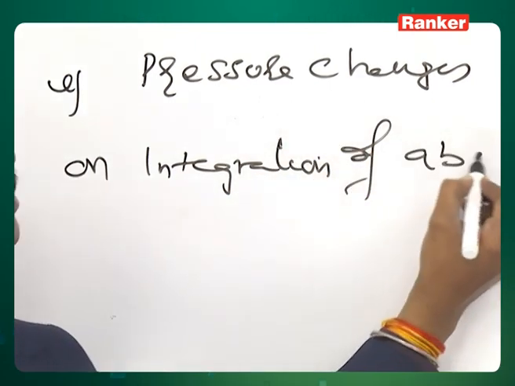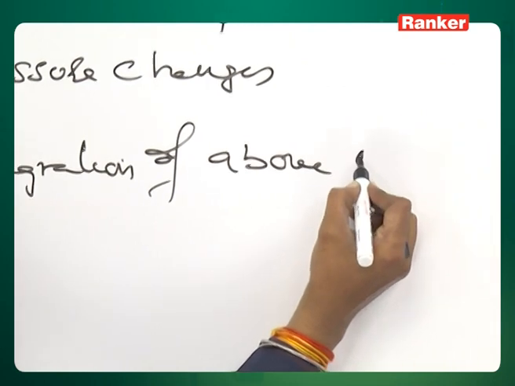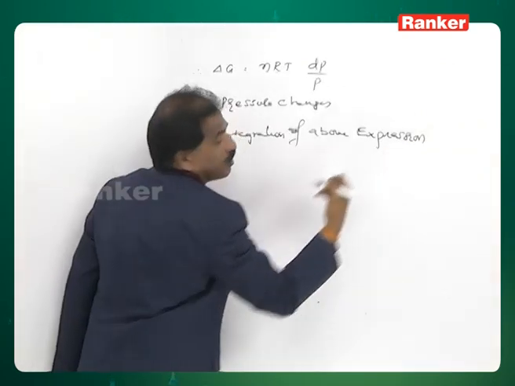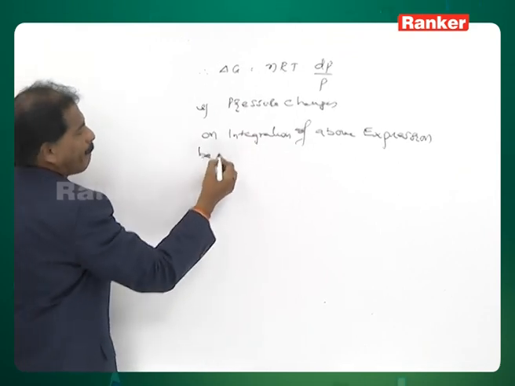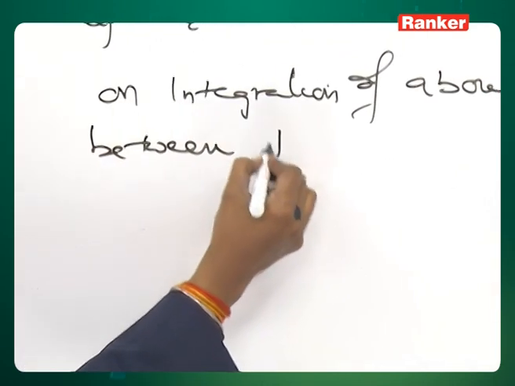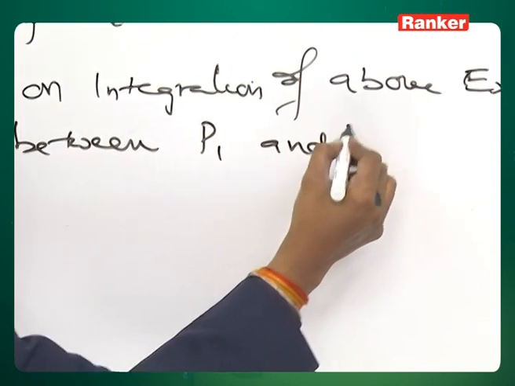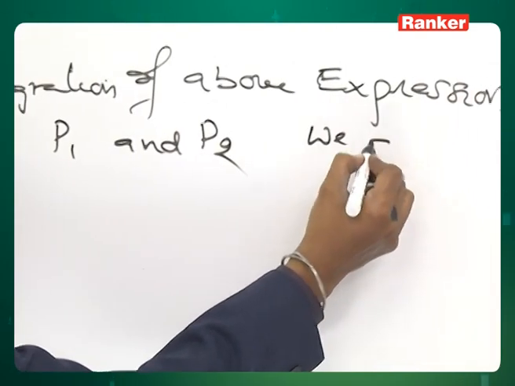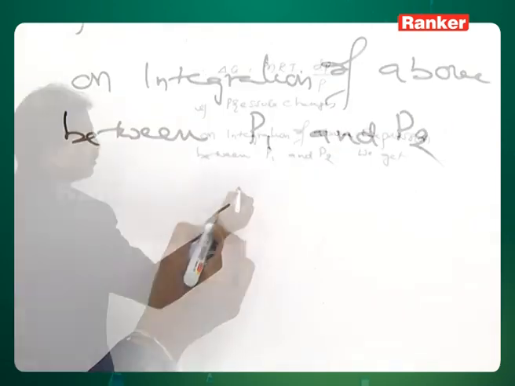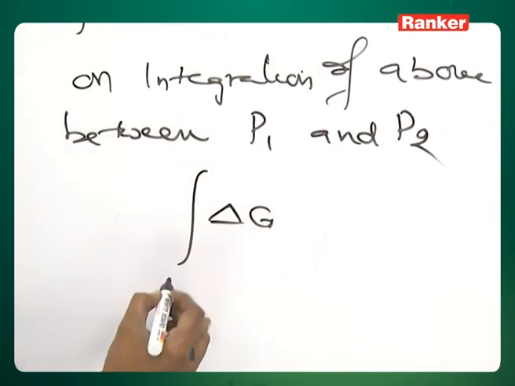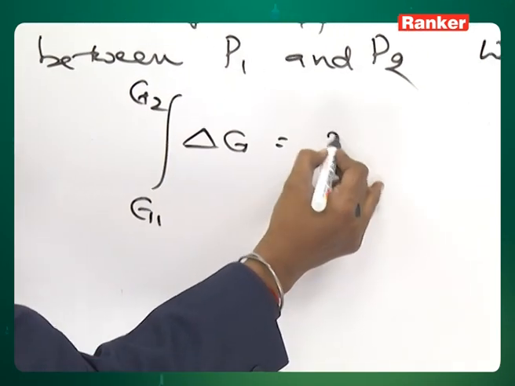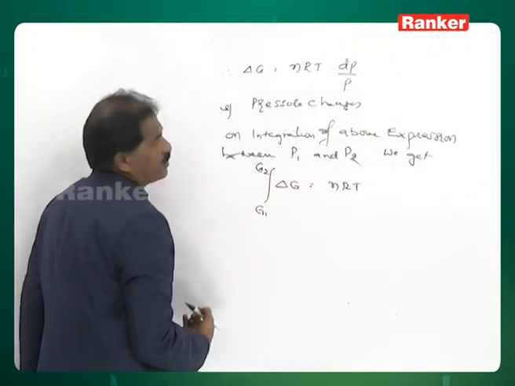On integration of the above expression between P1 and P2, we get del G, G1 to G2. Here nRT is fixed.